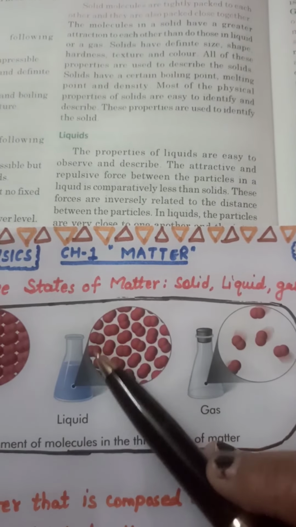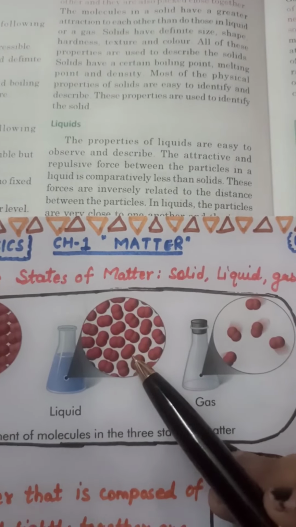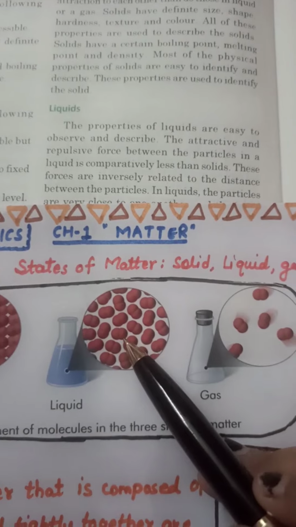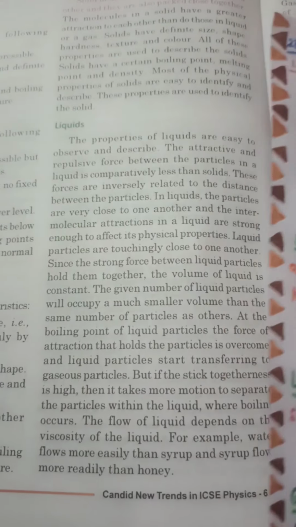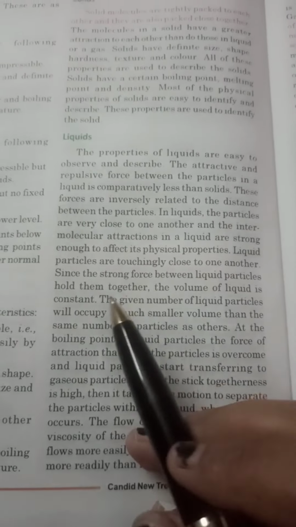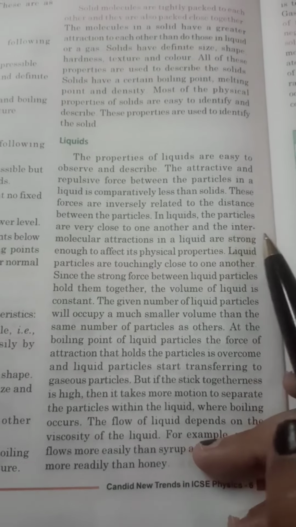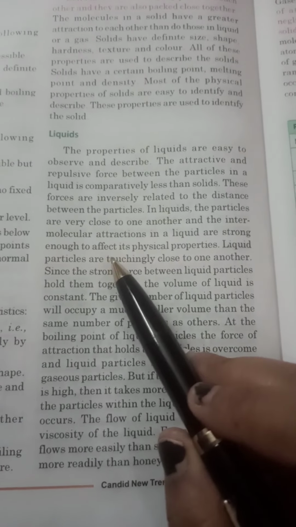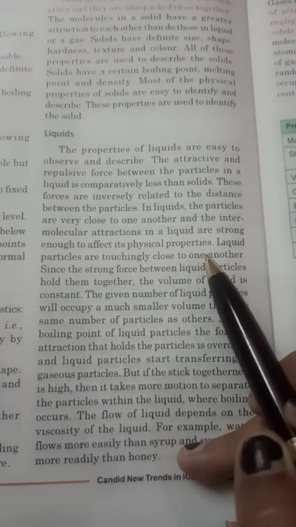As they have enough distance between them, they don't have much repulsive force between them, right? In liquids, the particles are very close to one another, and the intermolecular attractions in a liquid are strong enough to affect its physical properties.